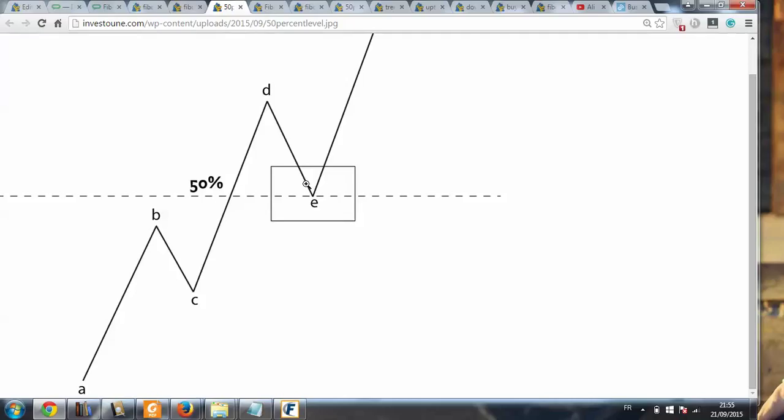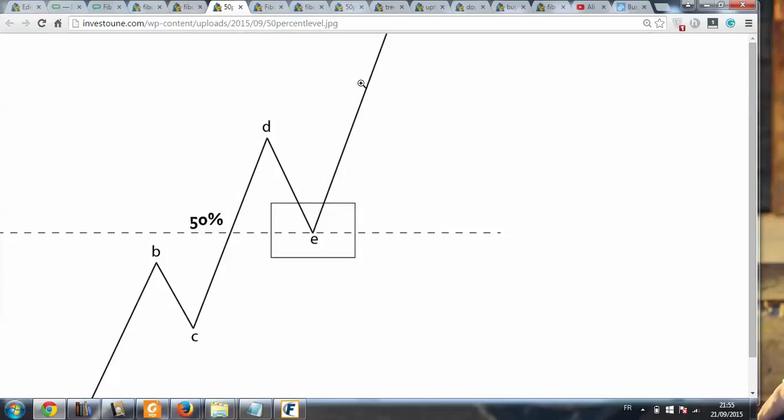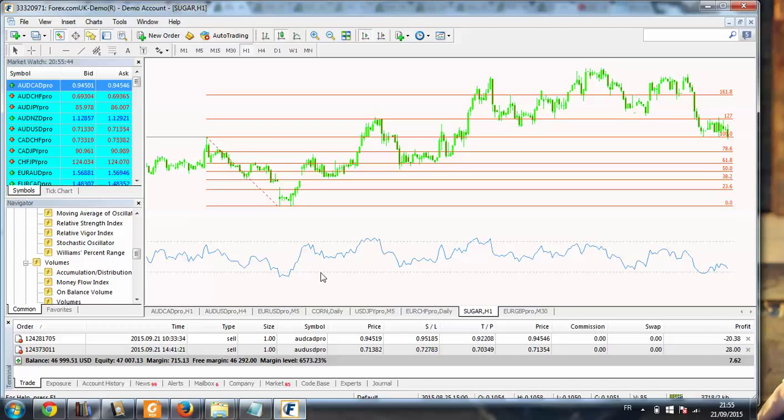If we have an impulsive move that goes up, and a correction, then another impulsive move, and a correction that makes a rebound in the 15% area, the price will continue its direction to the top. So remember that, and I have found a lot of this pattern by trading.